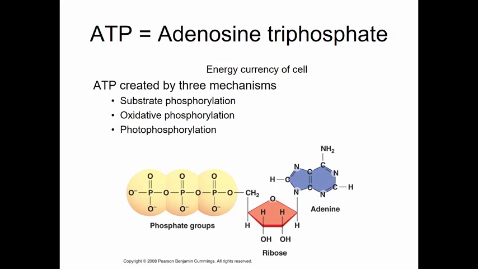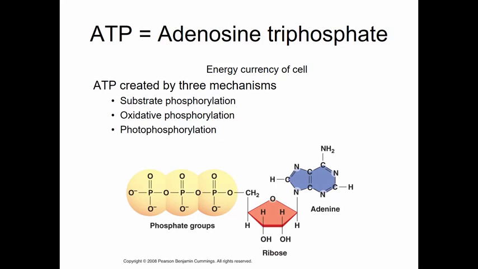If we do photophosphorylation, that organism is completing photosynthesis to make ATP. Organisms that do not do photosynthesis are going to use a combination of substrate phosphorylation and oxidative phosphorylation to make ATP. Your cells are doing this as we speak.